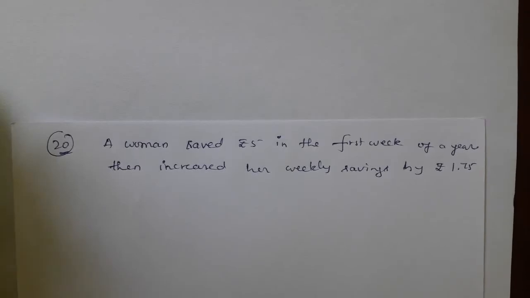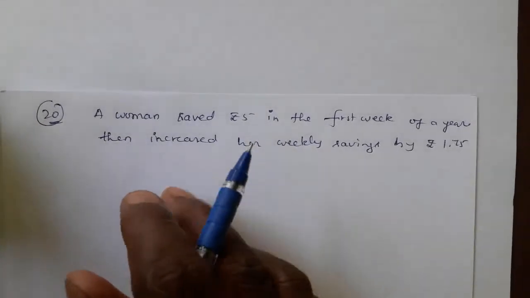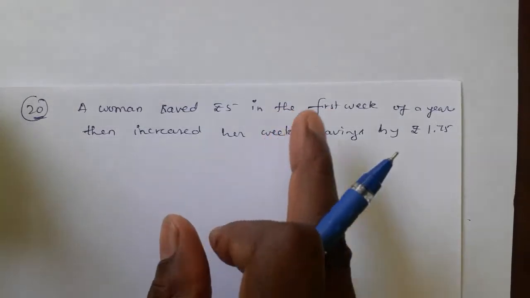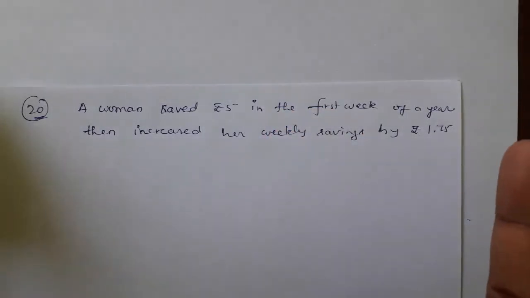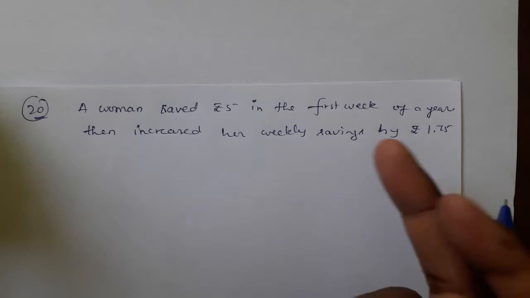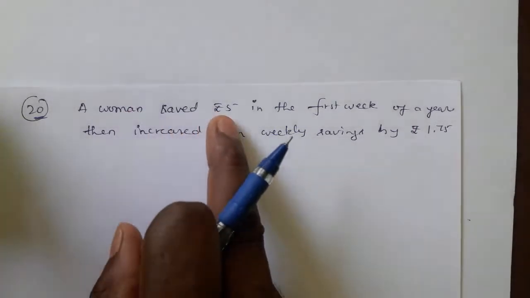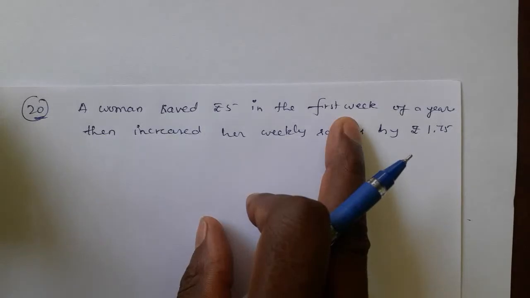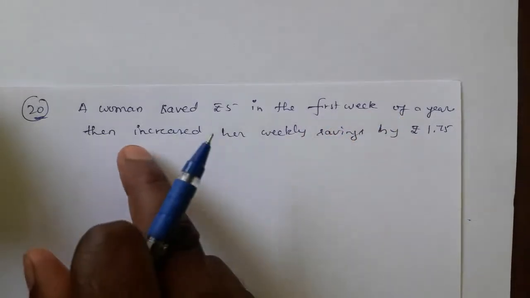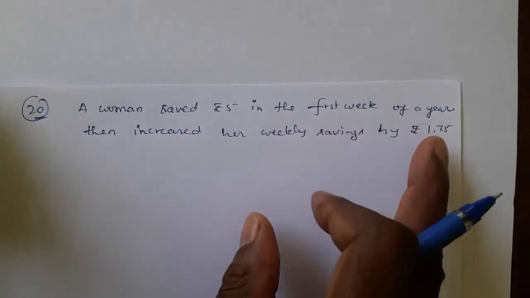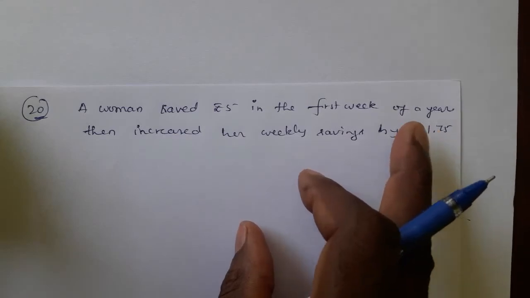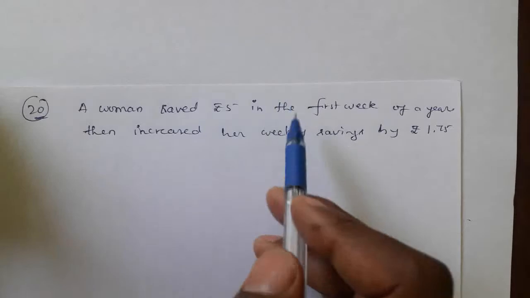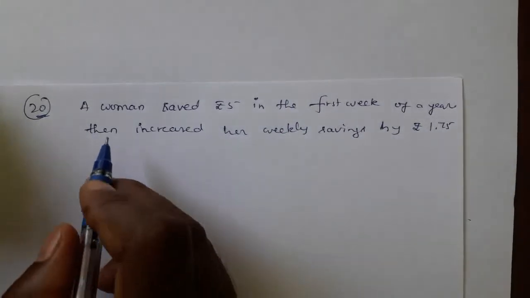Like the last problem, where the first year salary was 5,000 and every year a 200 increment was there, similarly here, a woman saved rupees 5 in the first week, then increased her weekly savings by 1.75. 1 rupee 75 paisa increased every week.